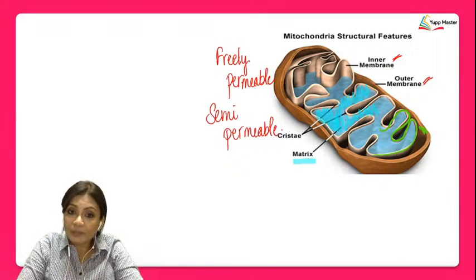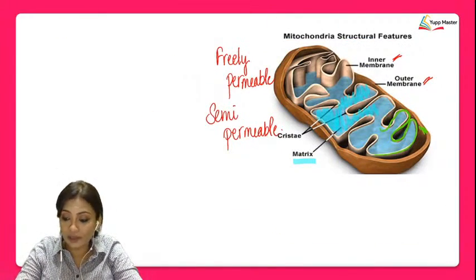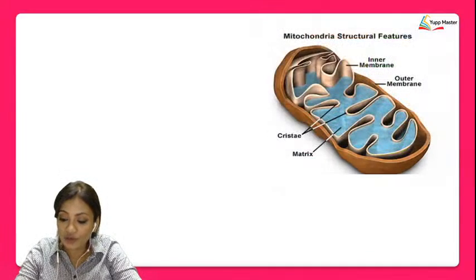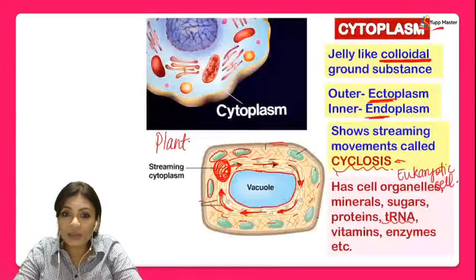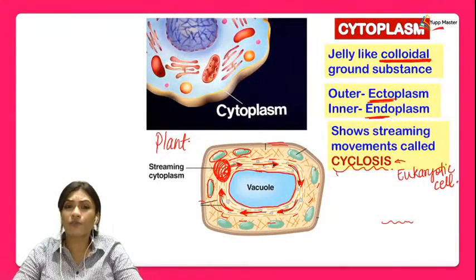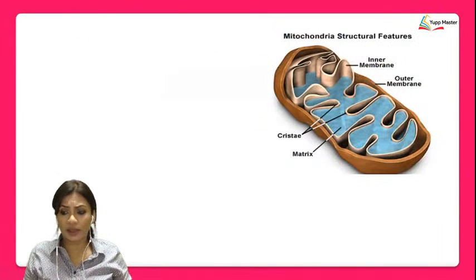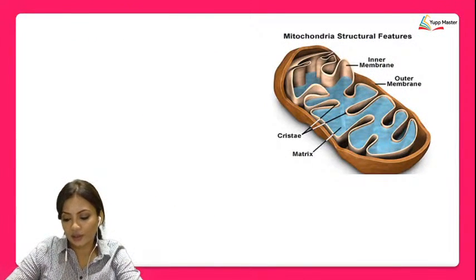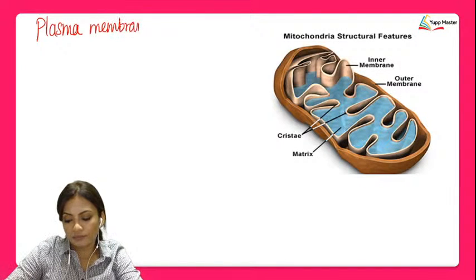So we began with the plasma membrane. Do you remember the functions of the plasma membrane that we had done? Let's try to recollect them. First of all, there was the diffusion process. Plasma membrane, I'll write it down here. First function was diffusion.